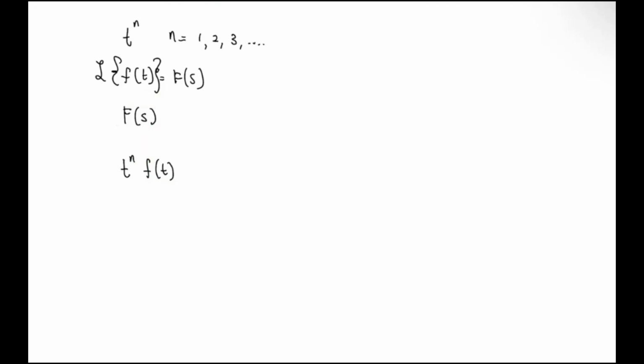So if I apply a Laplace transform for t to the power n multiplied by f(t), what I need to do is, first, this is equal to (-1)^n. If n is an odd number, you will get -1. Or if n is an even number, even is 2, 4, 6, and so on, then -1 to the power of even will get positive. So this is equal to (-1)^n.